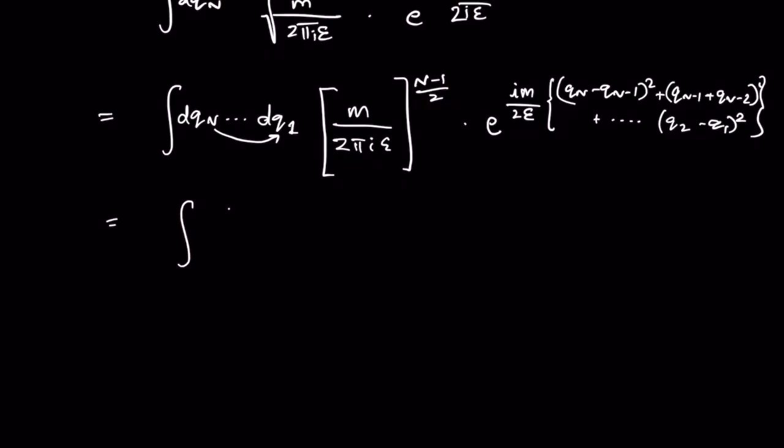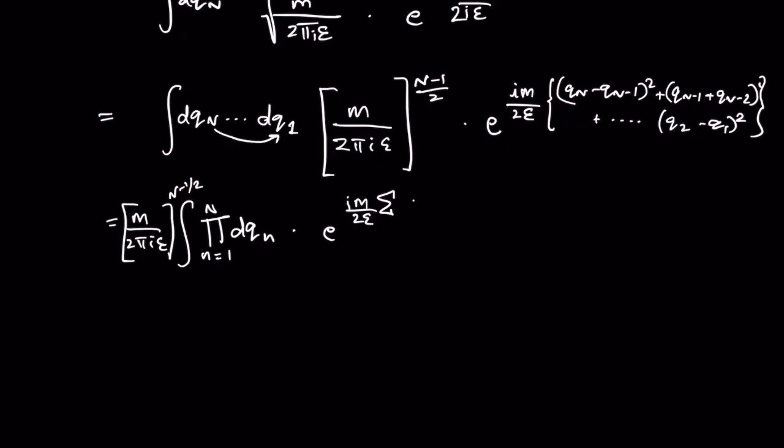We can say integral product dq_n, let's say it's n, small n, so n goes from 1 all the way to capital N. And we have m by 2 pi epsilon raised to the power (N minus 1) by 2 outside, times e to the i m by 2 epsilon. Let's write this as a summation, so we have (q_n minus q_{n-1}) whole square, and then n goes from 1 to N, of course.